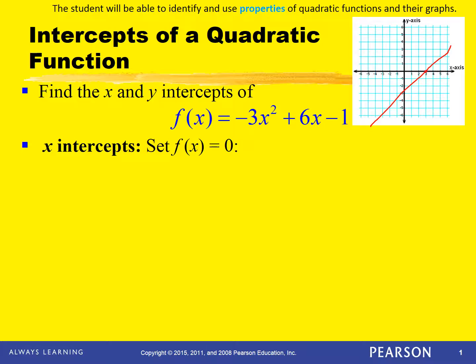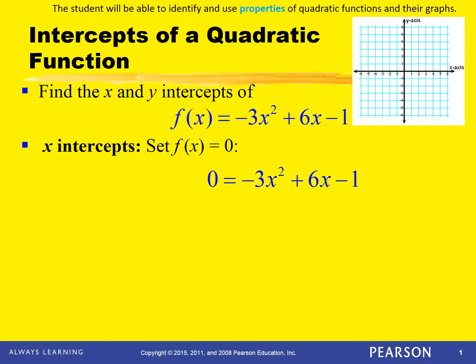How do you find the x-intercept and the y-intercept? Set y equal to 0, solve for x to get the x-intercepts; set x equal to 0, solve for y to get the y-intercept. Of course, y is f of x. Y is always f of x.